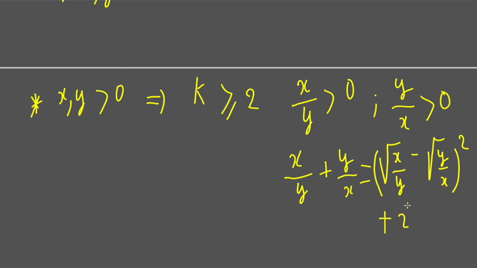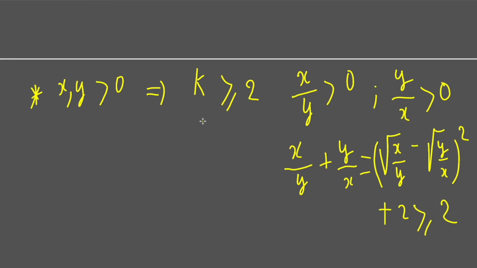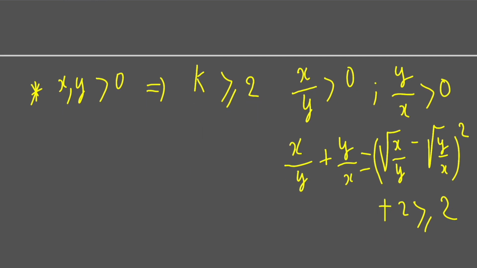Then obviously this is always greater than or equal to 2. It means k is greater than or equal to 2.